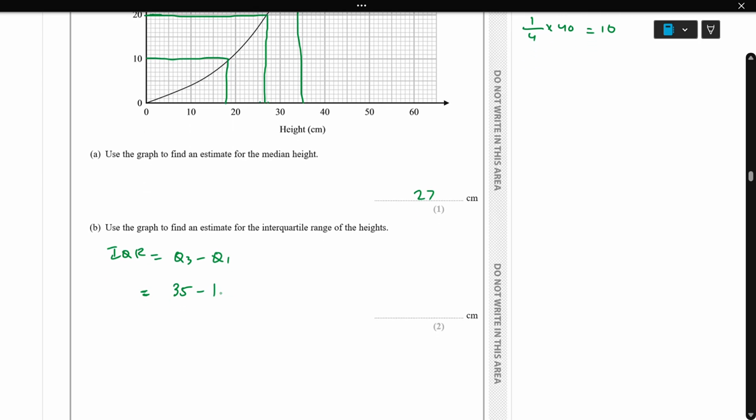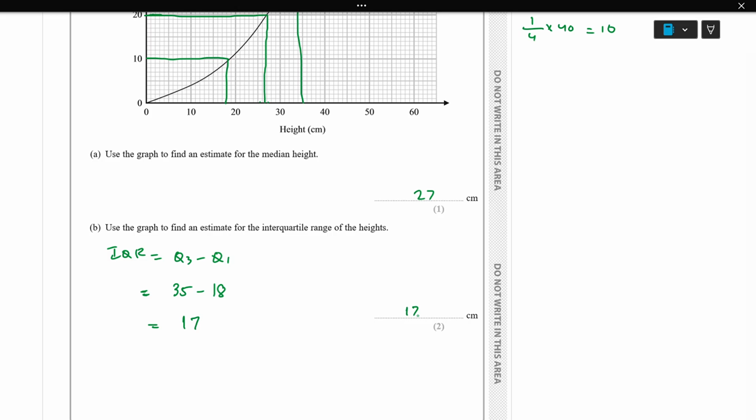So 18. So 35 minus 18. The answer is 17. So the interquartile range is going to be 17.